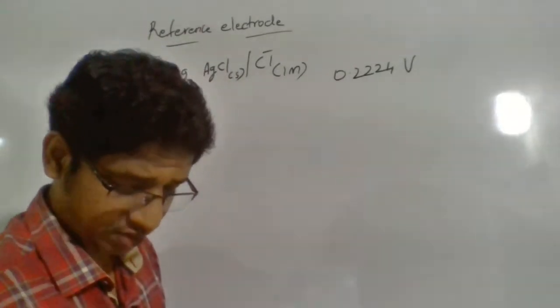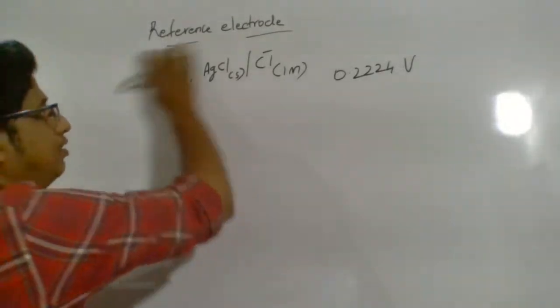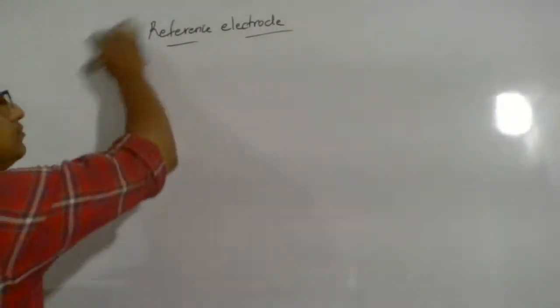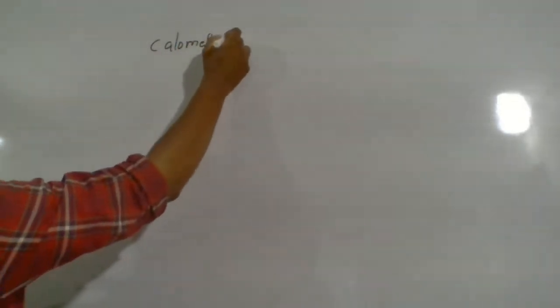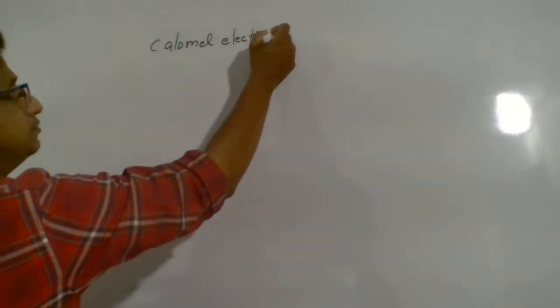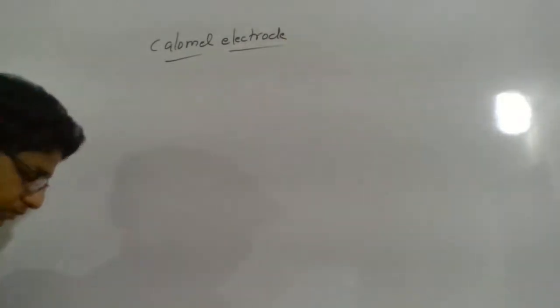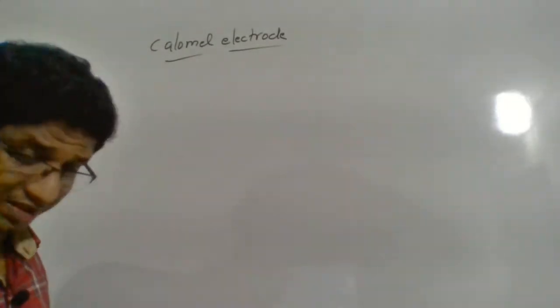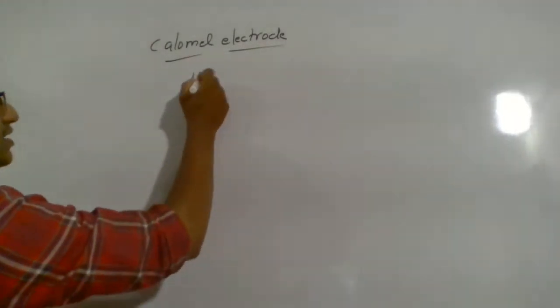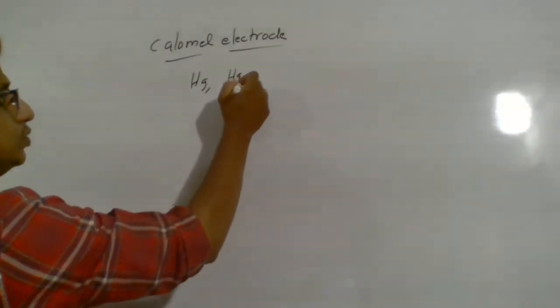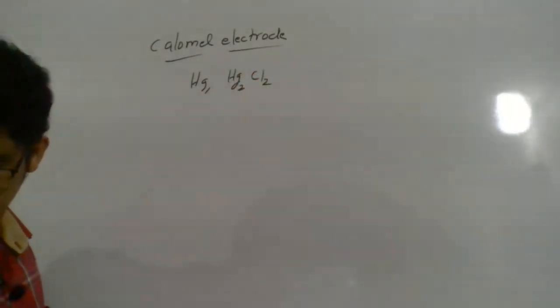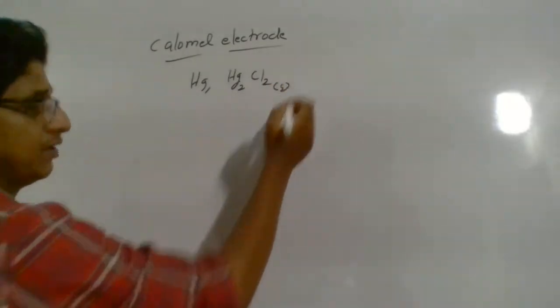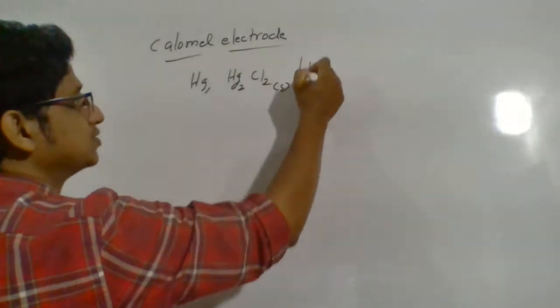Next one, most important for you, is the calomel electrode. This also we discussed. The calomel electrode consists of mercury in contact with the insoluble mercurous salt Hg2Cl2, solid, which is in contact with an aqueous solution of KCl.